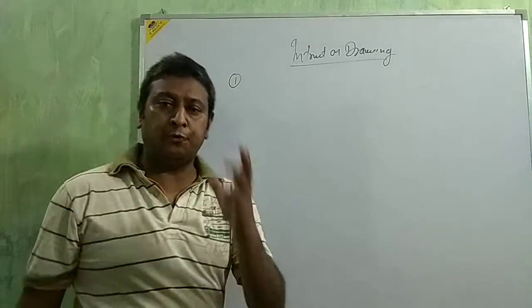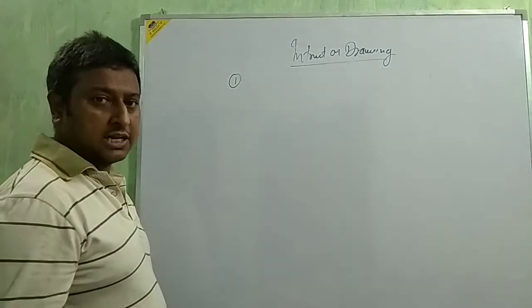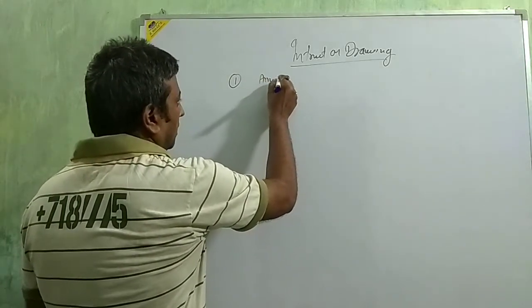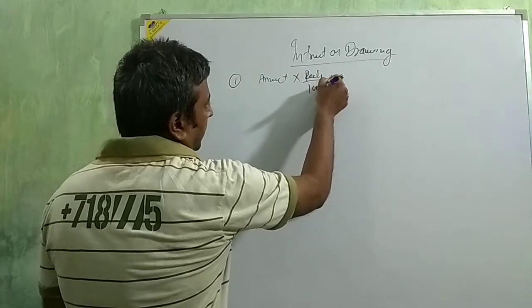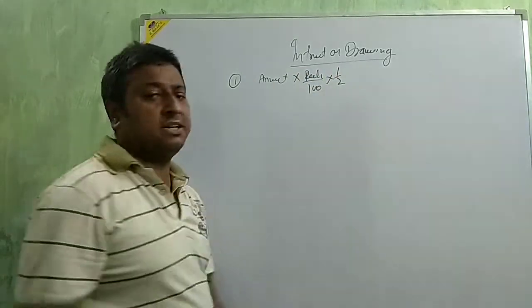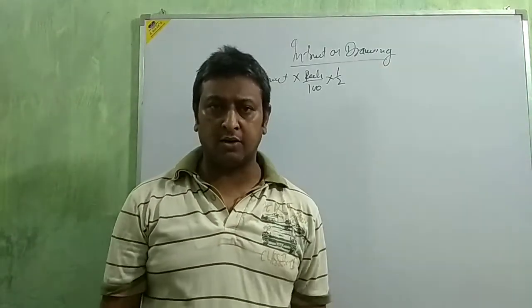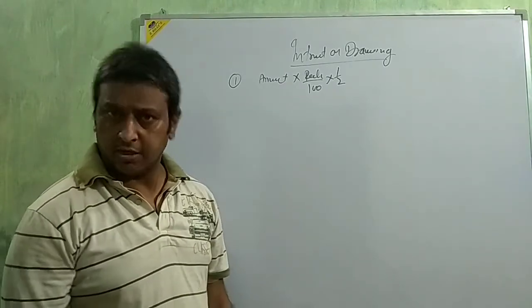If one fixed amount is given in your question, then that amount into rate upon 100 into 1 by 2. It means half year interest on drawing we are going to calculate. Okay, beta? Half year interest on drawing we are going to calculate. Clear?